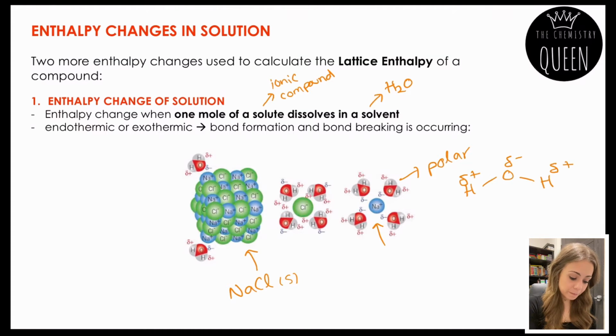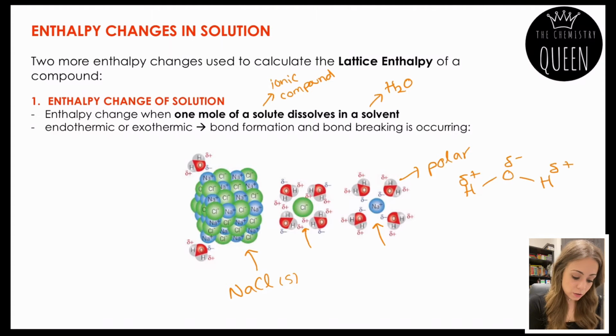And then here we've got the same thing happening, but you can see the water molecules are flipped over because it's the positive part of the water molecule this time that's attracted to the negative chloride ions. So if the attraction between the water molecules and the ions is strong enough, it will cause the ionic bonds to break in the actual compound, allowing the ions to become free to move. So we've clearly got two processes happening here.